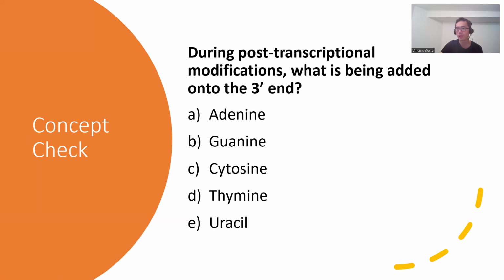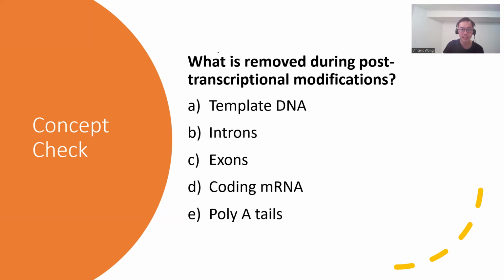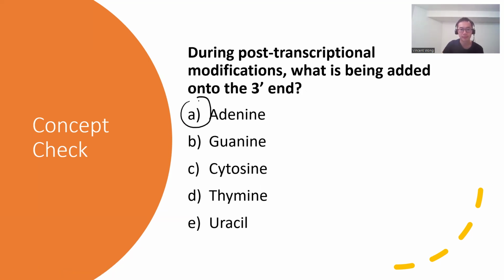I think it's the usual 6 people who are participating, which is all right. Yep, all of you got it right. It is the adenine. The 5' is the guanine, 3' is the A.